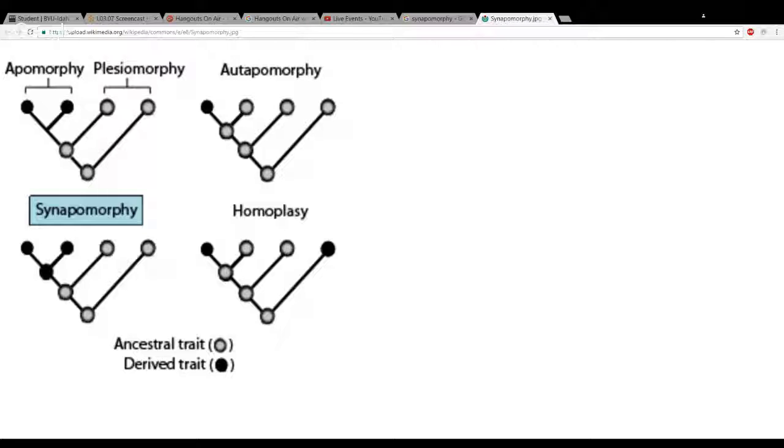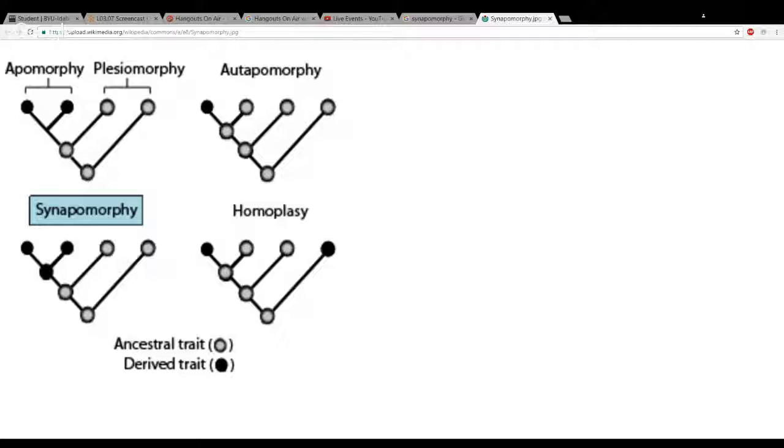Yeah, and you can see from this picture why synapomorphies are really important. The biggest reason is that they're really the building block to how we draw a phylogenetic tree. A synapomorphy shows those common ancestors, but it also shows where those derived traits are coming from.